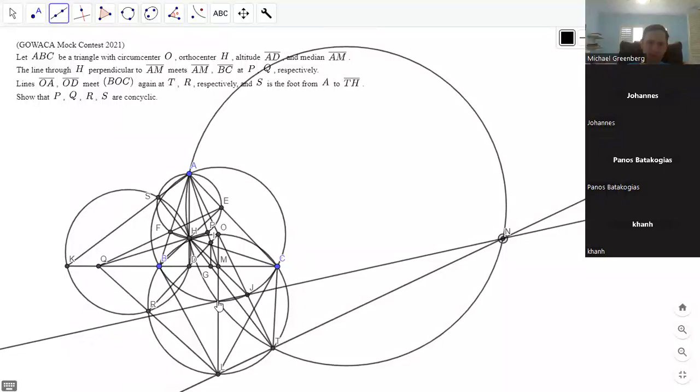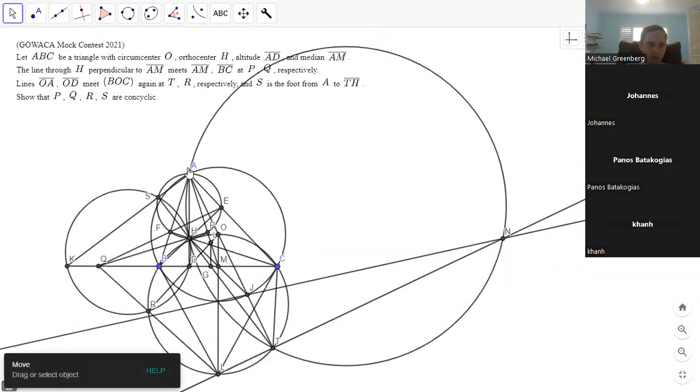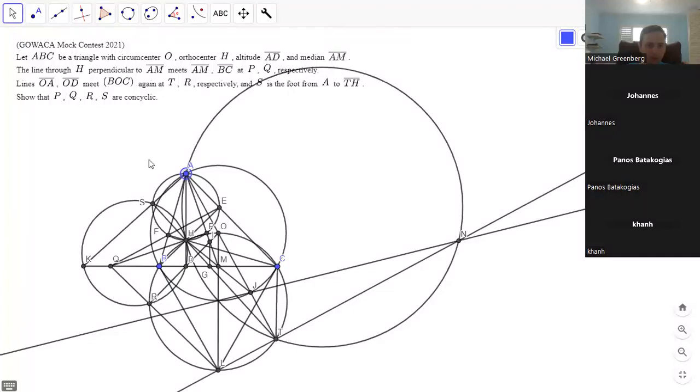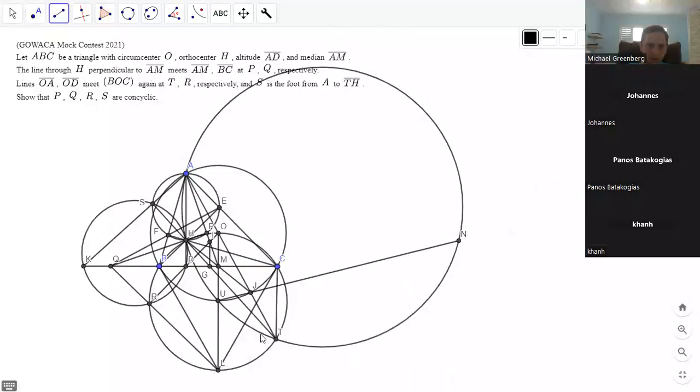Looks like it passes through that. The H and T get swapped.